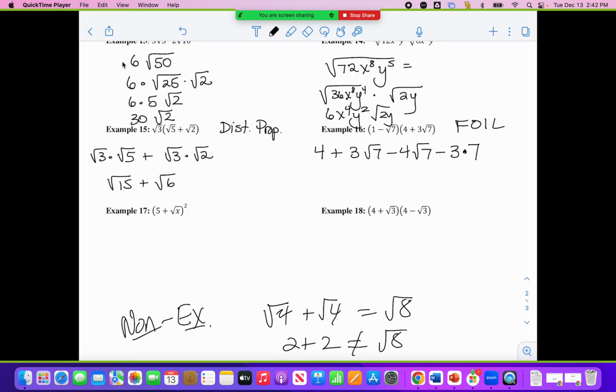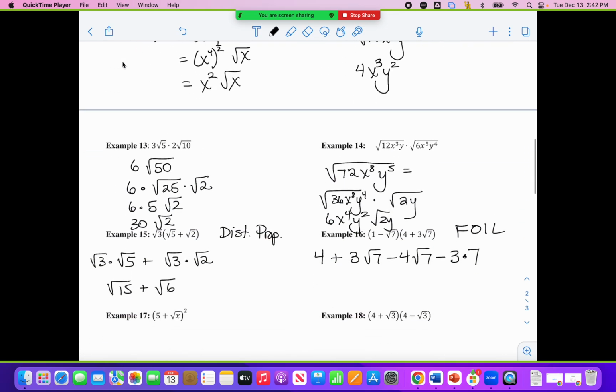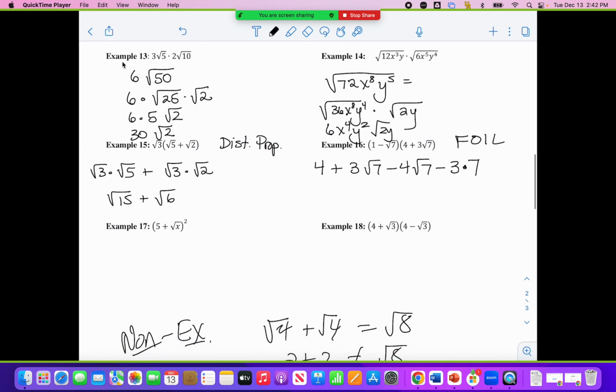So I'm going to get 3 times 7. Remember, we went over this right up here with example 8 and 9. Square root 7 times square root 7 is a 7. You need to remember that. So then this is 4 minus square root 7 minus 21. That's negative 17 minus square root 7.